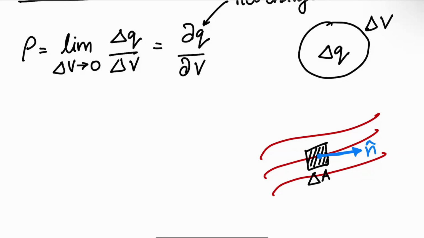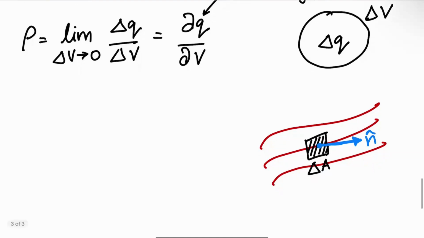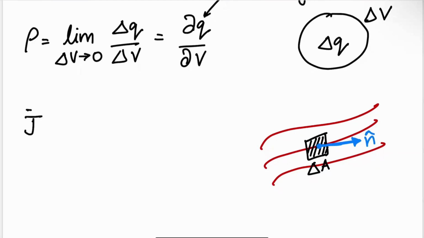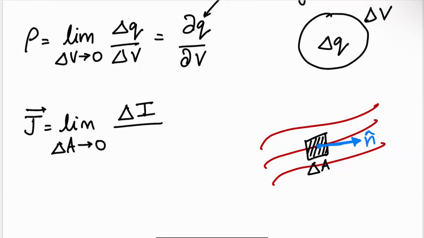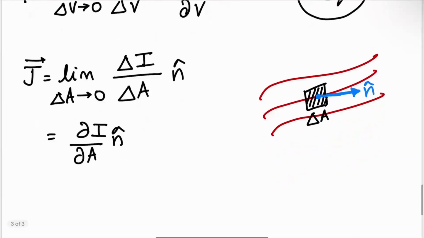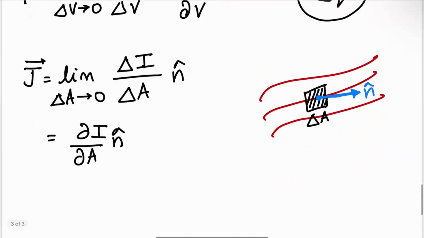Now I can define J, which is the limit as this area goes to 0 of the amount of current flowing through that patch, which is the charge per unit time flowing through that patch, divided by delta A, along n hat, since it's a vector quantity. And this is nothing but dI over dA times n hat, and that's what our J is.